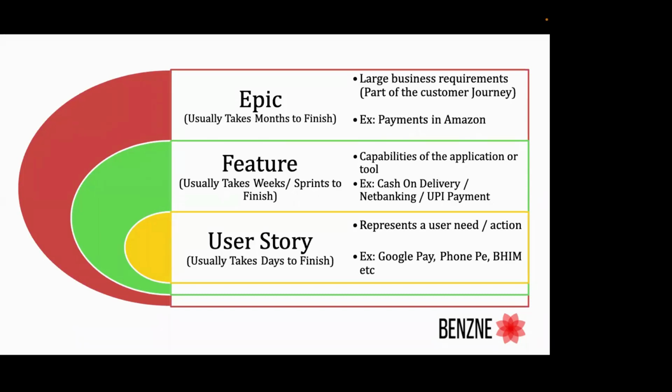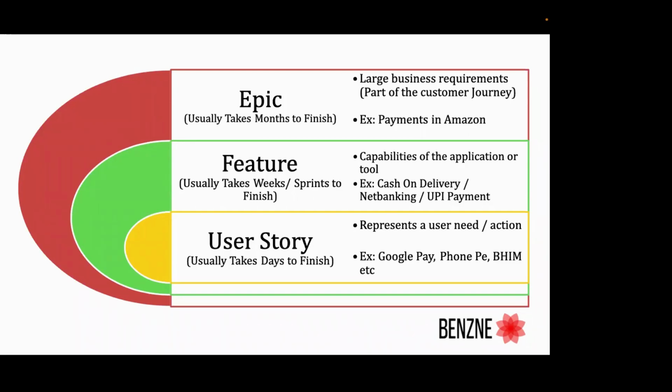So at that level, when you talk about a product, let's take Amazon as an example. When you think of Amazon, there are certain big or higher level modules which come into your head, which is part of your customer journey. First, a user will have to maybe onboard onto Amazon, maybe log in, register, whatever.